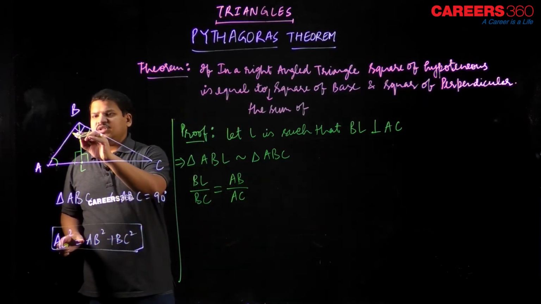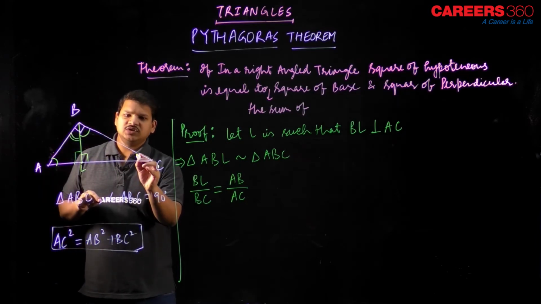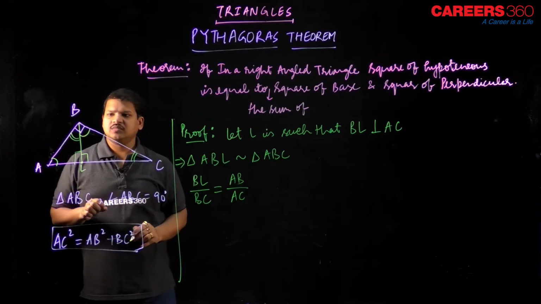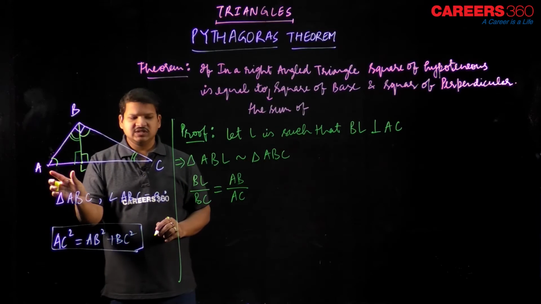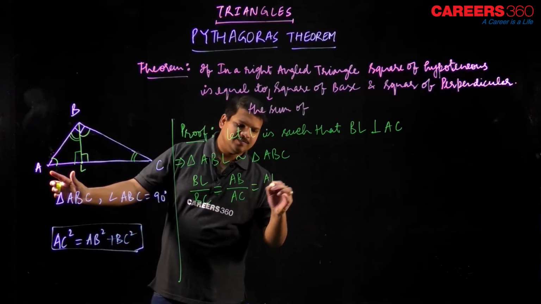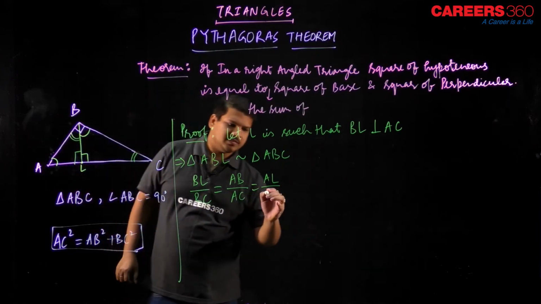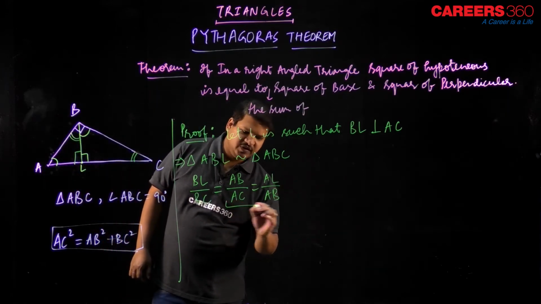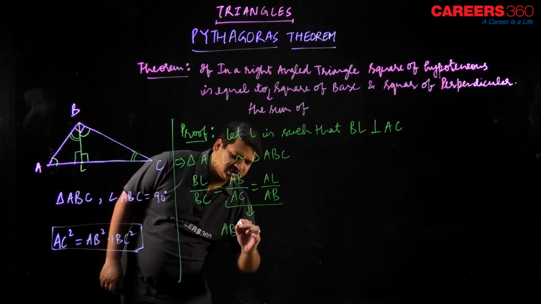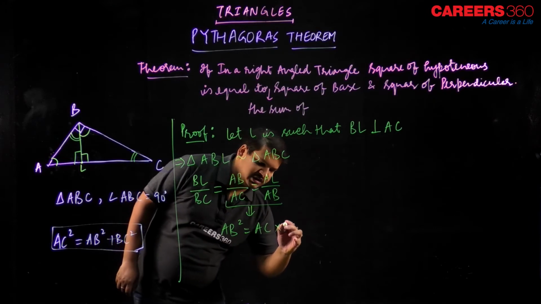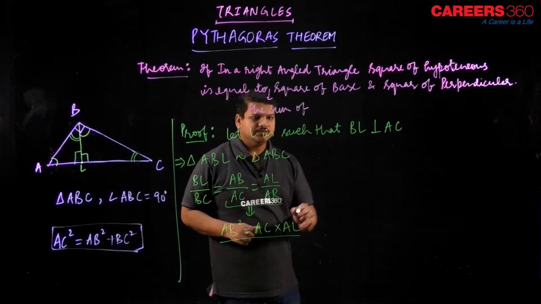Lastly, I am left with this angle over here, and this angle will be equal to this one. The side opposite to this is AL, and the side opposite to this one in the bigger triangle is AB. Now if I take these two, what I get is AB square is equal to AC into AL. I hope it is making sense to you.